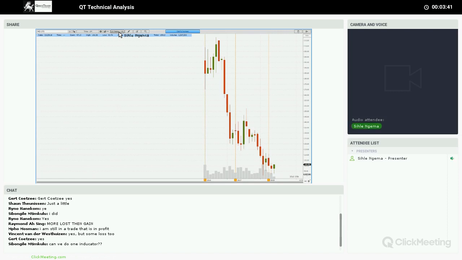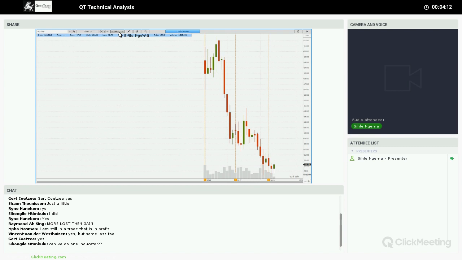Okay, Sbongile, one indicator. If we still have enough time, I will try by all means to do one indicator. But there's one indicator in particular that I will highlight that I have seen most of the people in the trading room are basically missing when they look at their charts, and it's one simple one which comes standard with a chart.